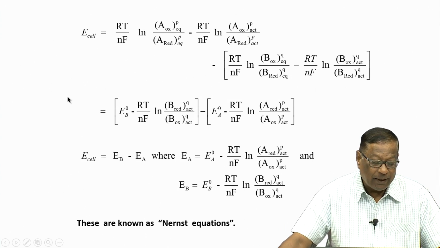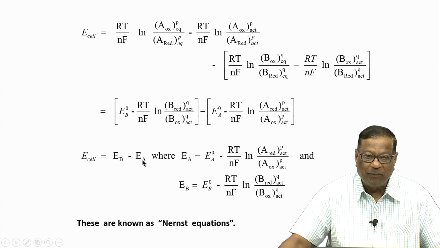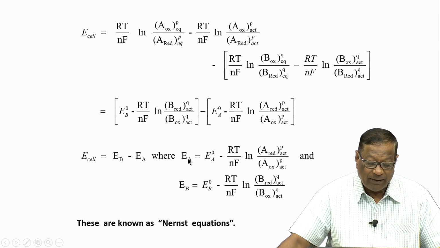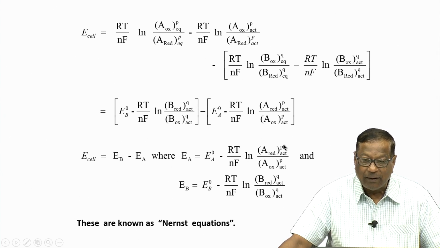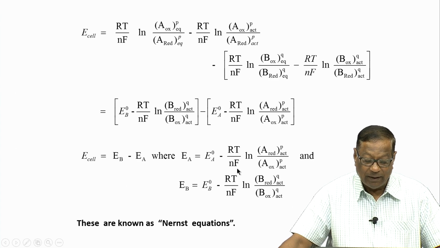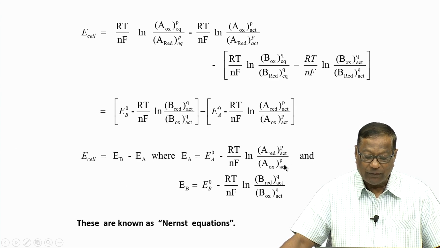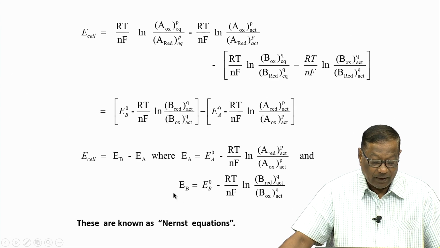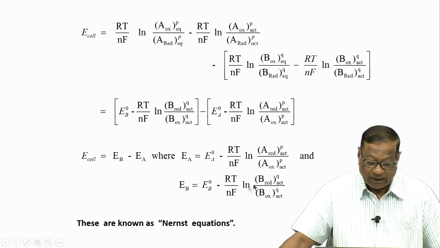will be given by the actual potential difference between EB and EA, where EA is nothing but E naught A, this part E naught A minus RT by NF ln A reductant raised to P activity, A oxidant raised to P activity, and EB also similarly.